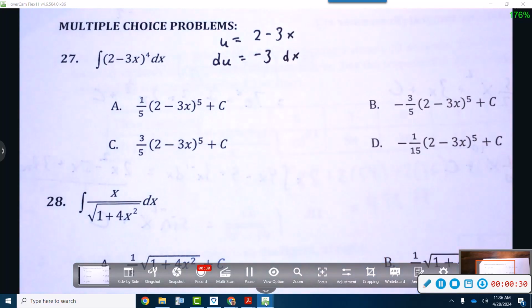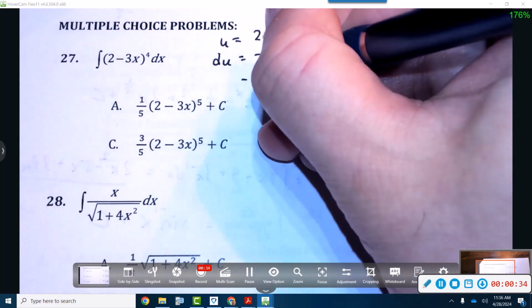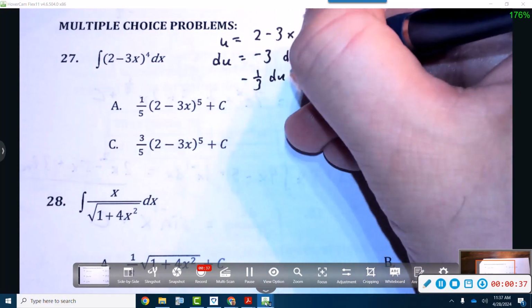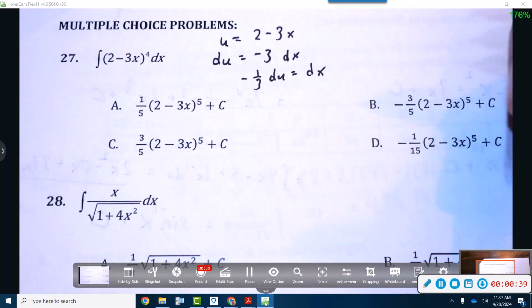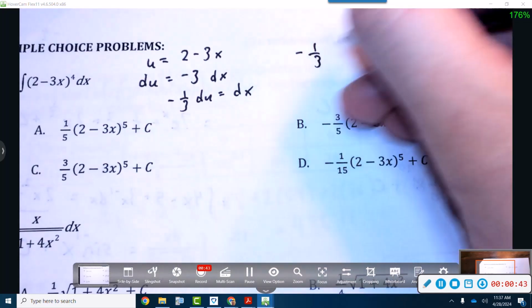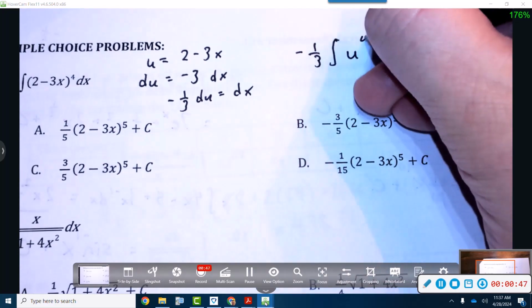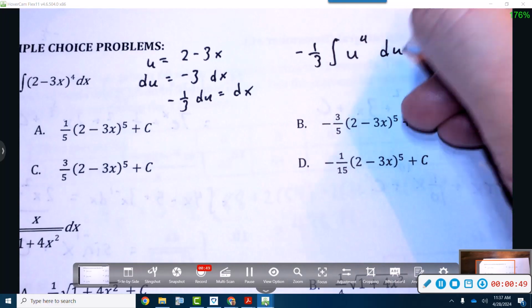All right, so I don't see a -3 there for the dx, so I will make that -1/3 du equals dx. So when we take the antiderivative, we're going to have a -1/3 out in front, and we're going to have u to the fourth power du.